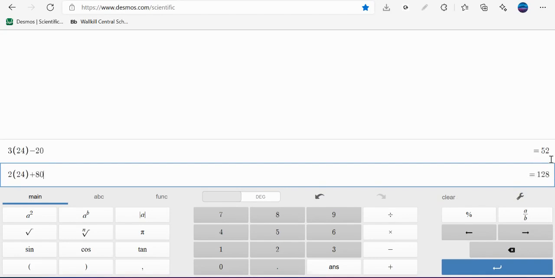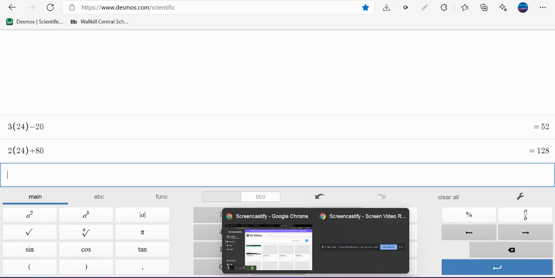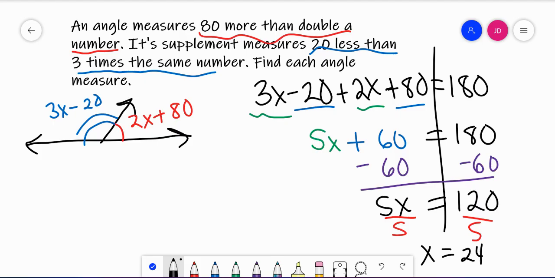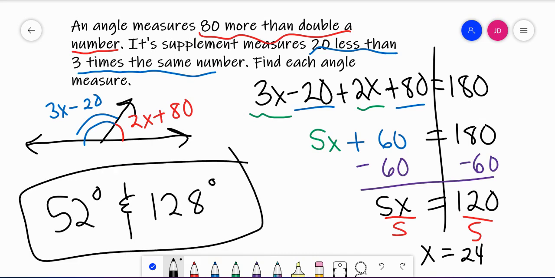These numbers together, we can double check, add up to 180 at the end. So we have 52 degrees and 128 degrees. Those are my angle measures at the end.